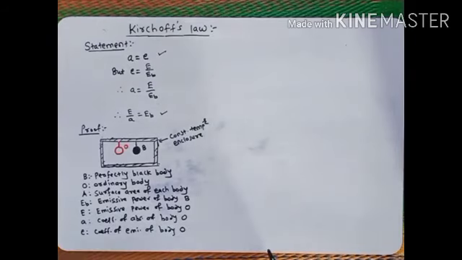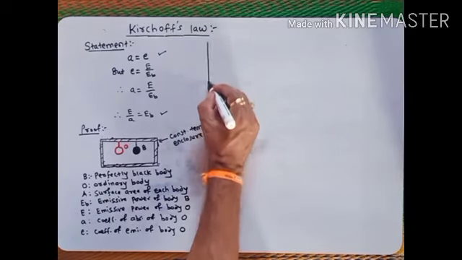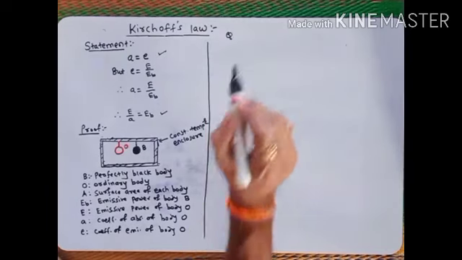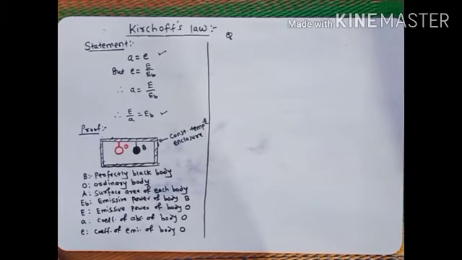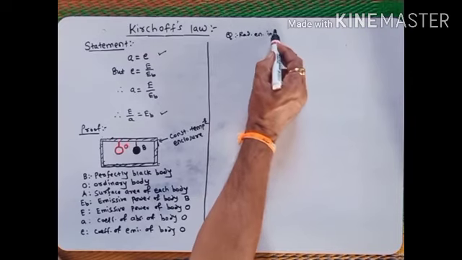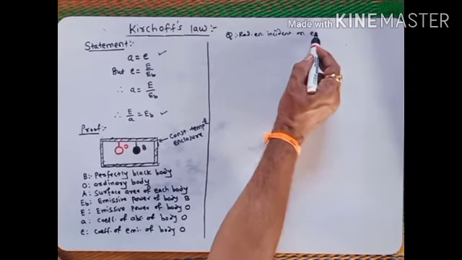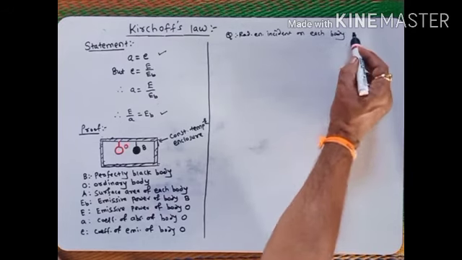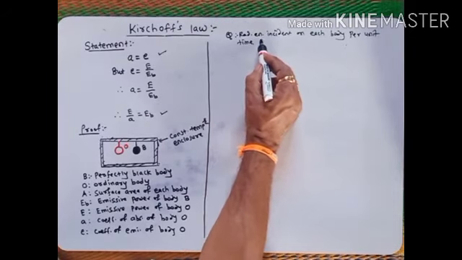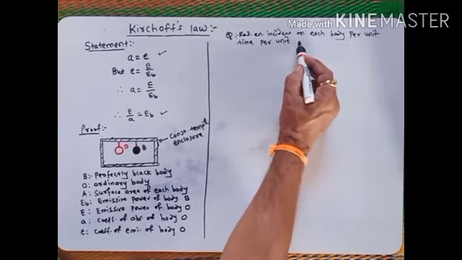Now after some time both bodies attain a constant temperature. Suppose Q is the radiant energy incident on each body per unit time per unit surface area.